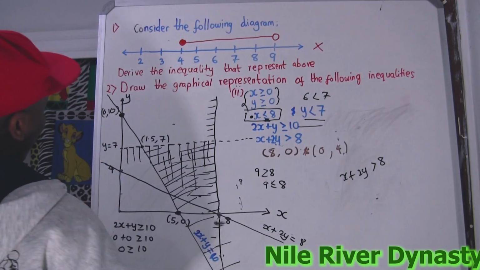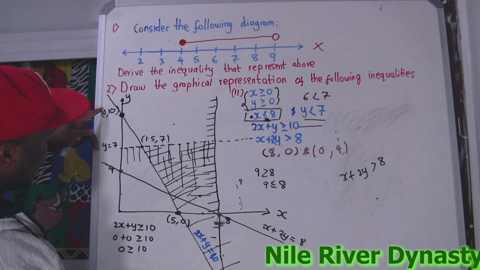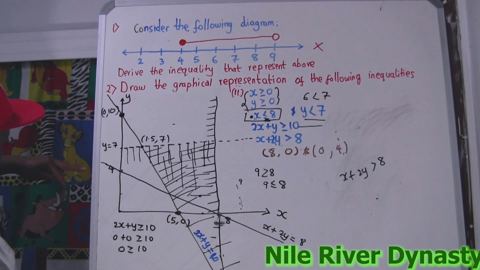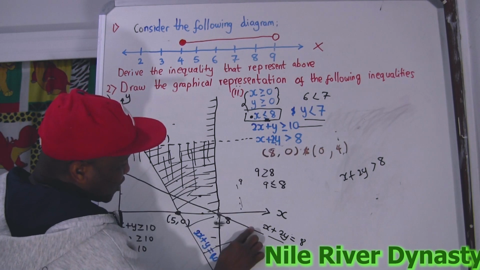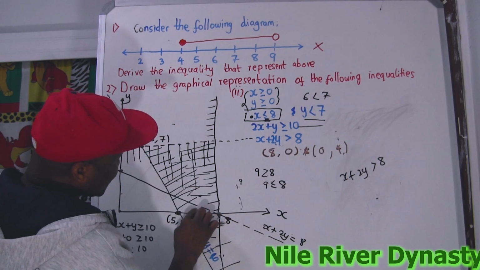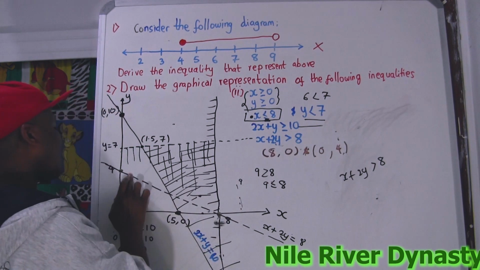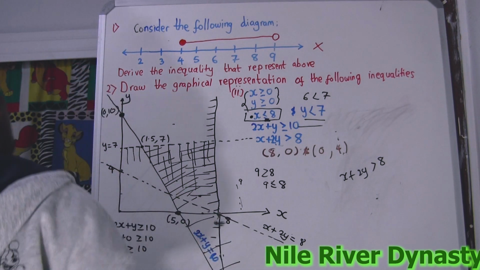Oh, I made a mistake, excuse me. This line here, my fault. So it's wrong, because this line must be dotted, since it is excluding. My apology, this must be a dotted line.